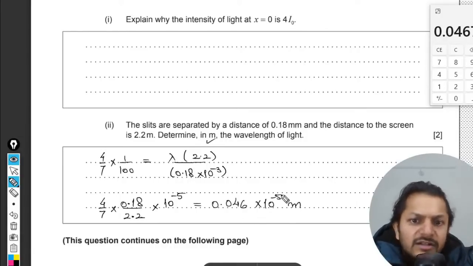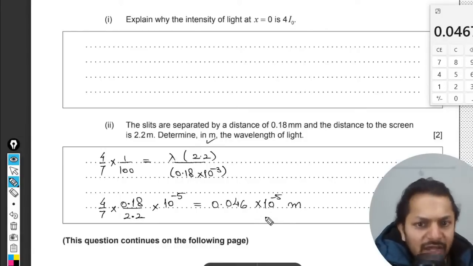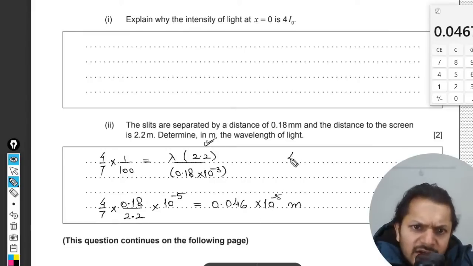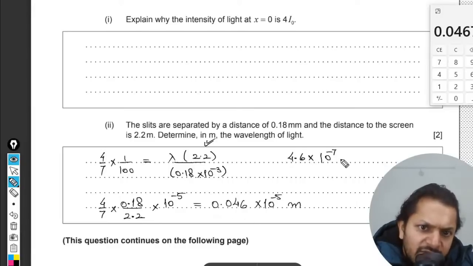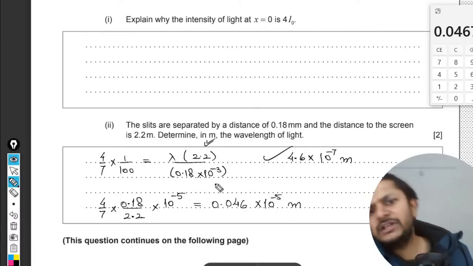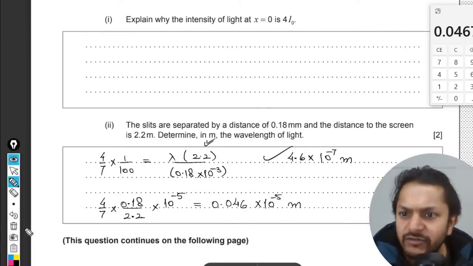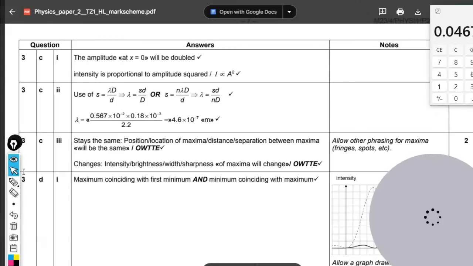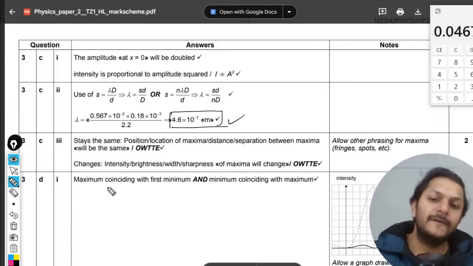So in meter, this is your answer, because everything is in meter, and they want you to answer in meter. You can write it like 4.6 and two zeros, 10 raised to power negative 7 meter. Yeah, so this should be the answer, 4.6 times 10 to the power negative 7. Let us see what is the answer given. Yes, 4.6 times 10 raised to power negative 7 meter, exactly the same way that we have done.